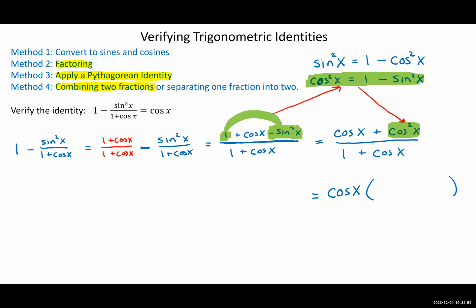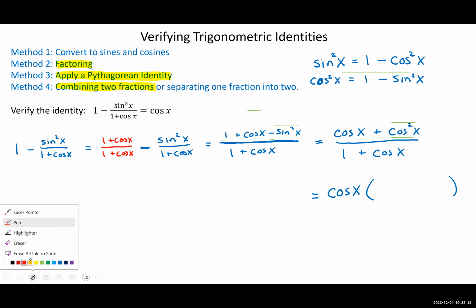All right, so if we factor out a cosine of x, again, just so we know what we're focusing on right now, let me erase all of this green highlight. Right now we're looking at this, and we want to factor. In this case, we have a common factor we could pull out. We could pull out a cosine of x.